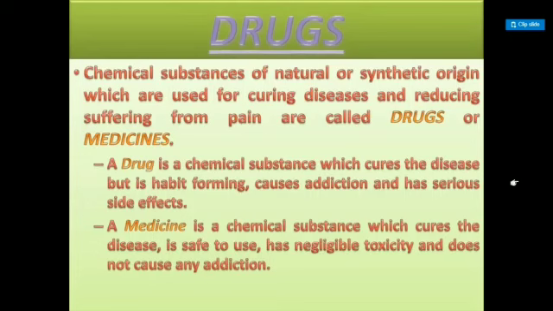So first, drugs. Chemical substances of natural or synthetic origin which are used for curing diseases and reducing suffering from pain are called drugs or medicine. Normally, students, whenever anyone says the word drug, you think that this is a type of narcotic or nasha dawai.